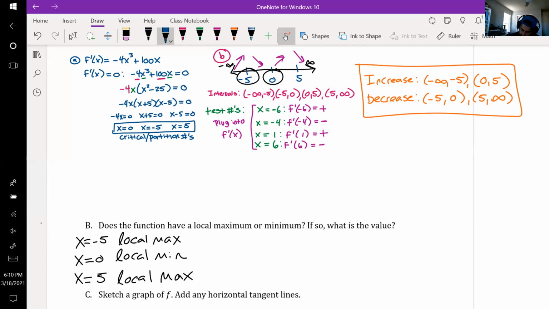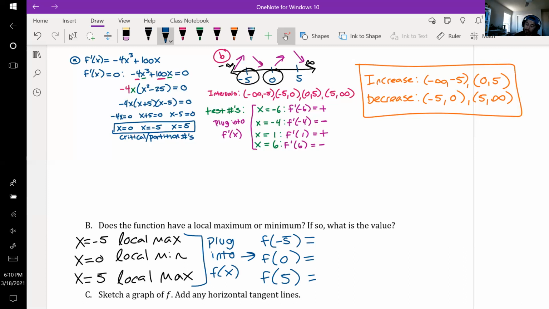Now remember to plug these into the original function because that's what we are graphing. Plug into f of x. So you have f of -5, f of 0, f of 5.